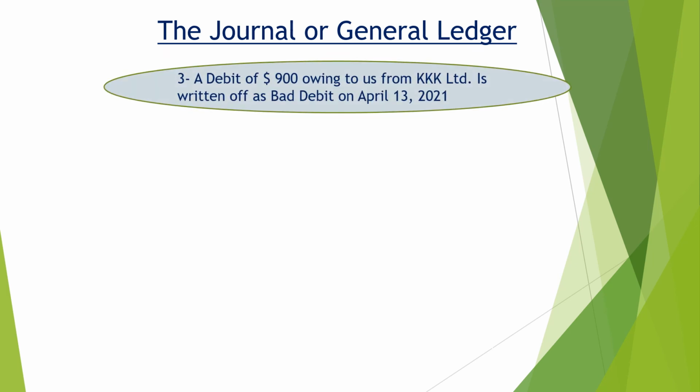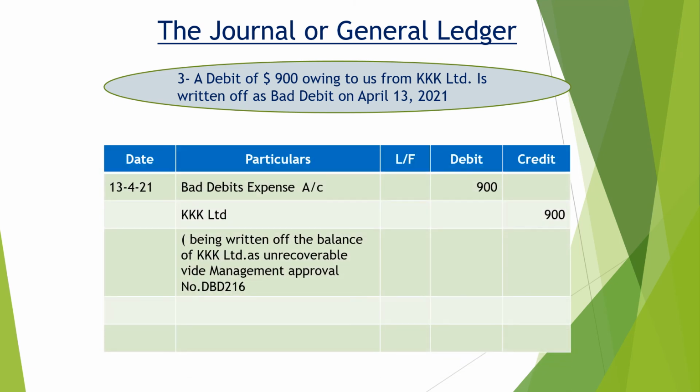A third example: a debt of $900 owing to us from KKK Limited is written off as bad debts. A debtor will not pay this amount, so the company has decided to write it off. When we write off any balance of a debtor, we create an expense called bad debts expense.